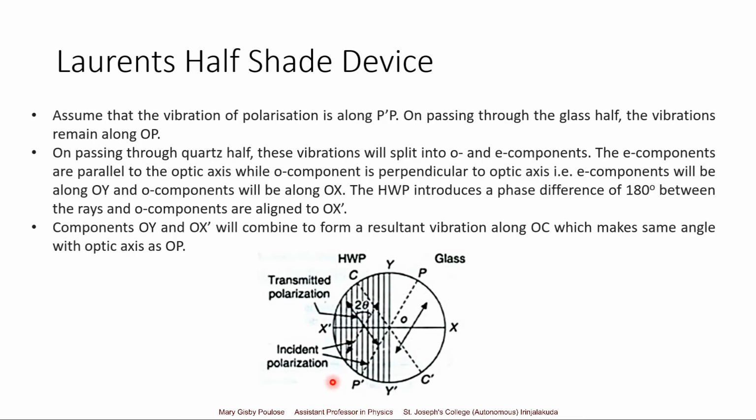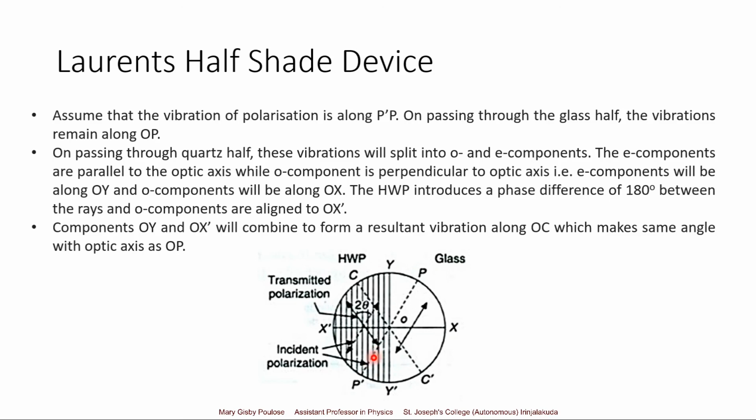Now let us assume that light is incident on this half-shade device, and the direction at which light is incident is along this P prime P axis. The portion of light passing through glass will transmit as such, along the OP axis, whereas for the portion passing through the quartz plate, double refraction takes place and the light will split into two.